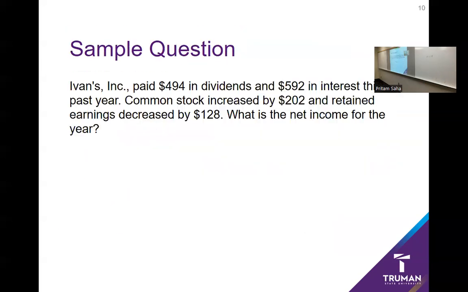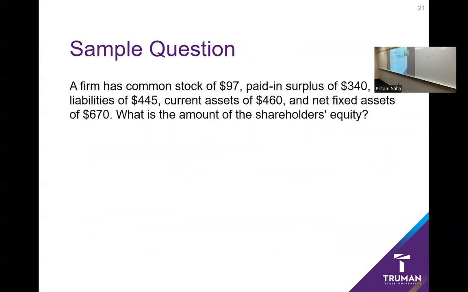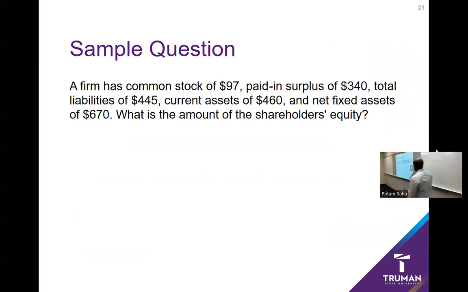We go to the problem again. Okay. So this is wrong. What I did is completely wrong here. How much liabilities do we have? 445? Missing here. Yes, 445. How much assets do we have? 1,100. 460 plus 670.